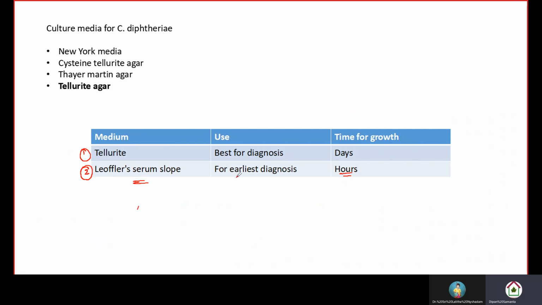That is why for earliest diagnosis we can use Loeffler serum slope. But for best diagnosis, if we have time, we will go for tellurite. So these two media are important for C. diphtheria.